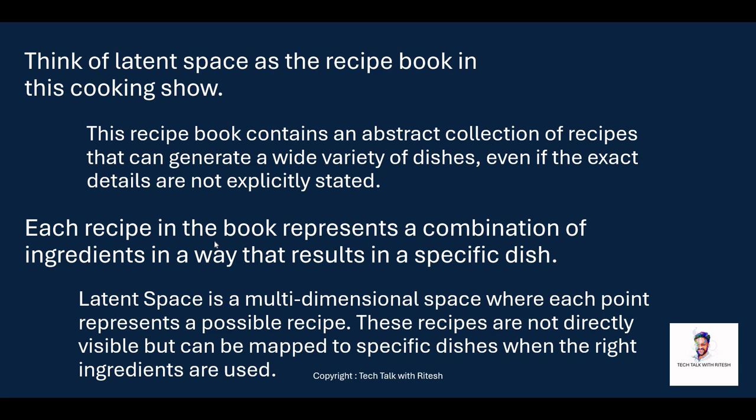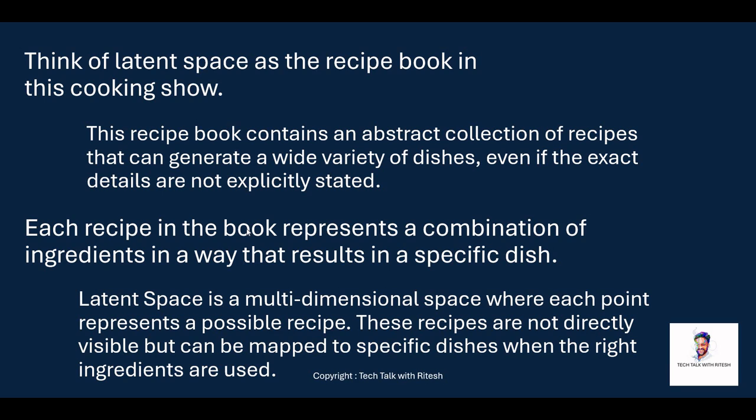Each recipe in the book represents a combination of ingredients that results in a specific dish. Latent space is a multi-dimensional space where each point represents a possible recipe, and these recipes are not directly visible but can be mapped to a specific dish when the right ingredients are used.